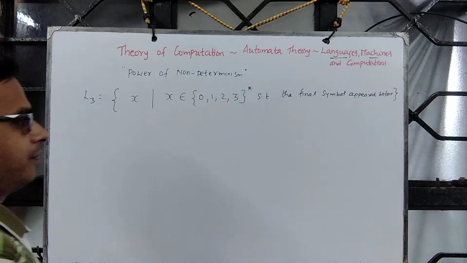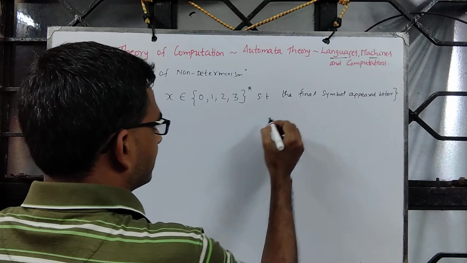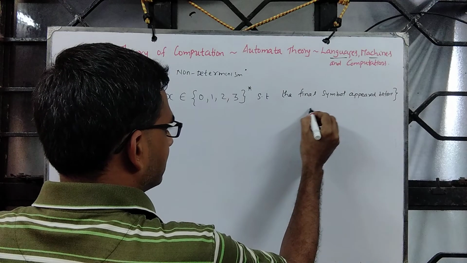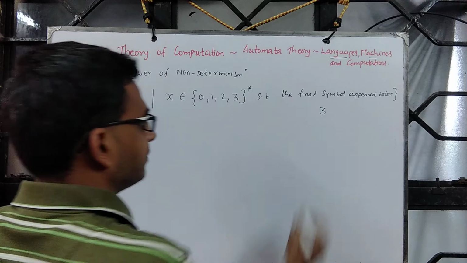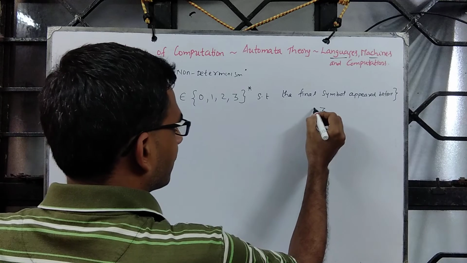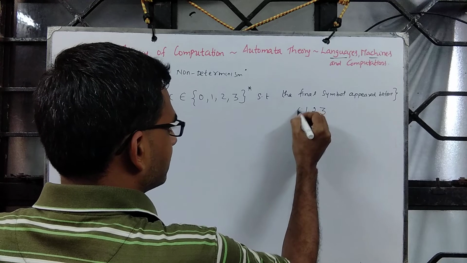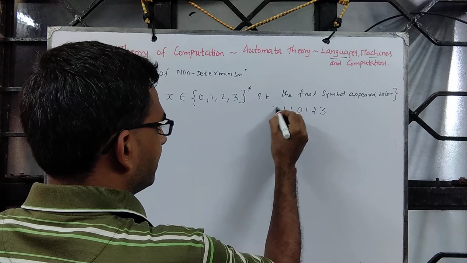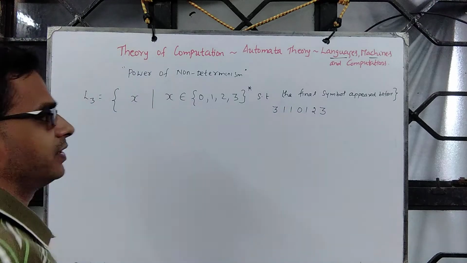So what does it say? You look at x and suppose the final symbol is 3, somewhere else 3 must have appeared in the string.